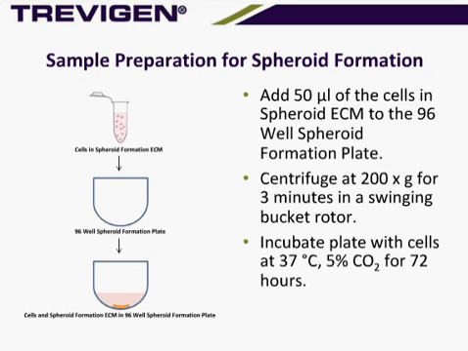We add 50 microliters to the 96-well spheroid formation plate, centrifuge at 200 times g for 3 minutes in a swinging bucket rotor. And what this does is it pulls all the cells to the bottom of the well and puts them all in close proximity, and this helps to facilitate the spheroid formation process, and it also helps to accelerate it, so it helps both with the time and quality of the spheroids.